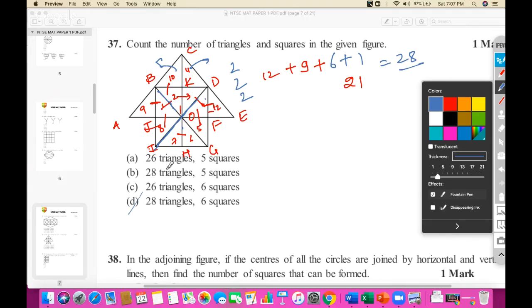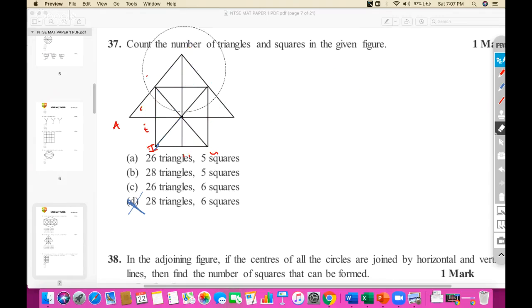So 28 is for triangles. I'm not saying this is the answer. Let me calculate the squares. I anyhow know that four simple squares are already there, one big square is there. So 4 plus 1, 5. Let me just erase it so that I can teach you squares.